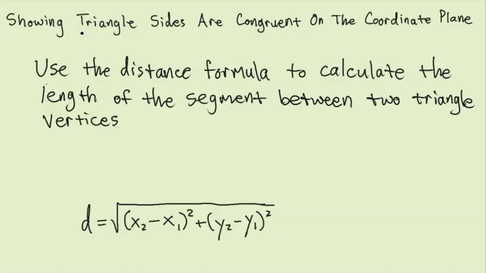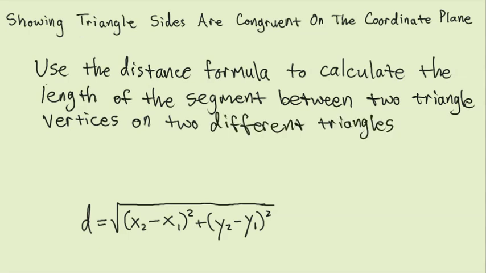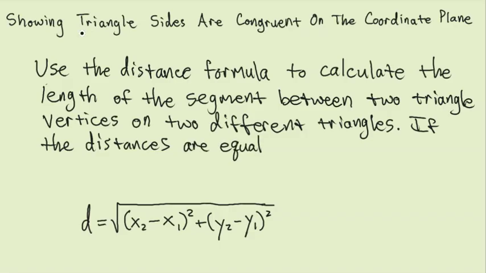Then you're going to calculate the length of the segment between two vertices, and you're going to do that on two different triangles. If the distances are equal, then the two sides are congruent.